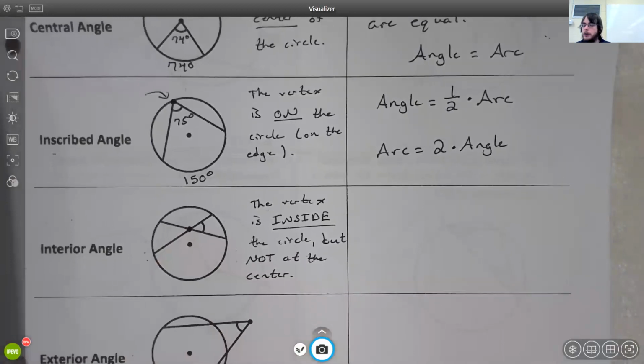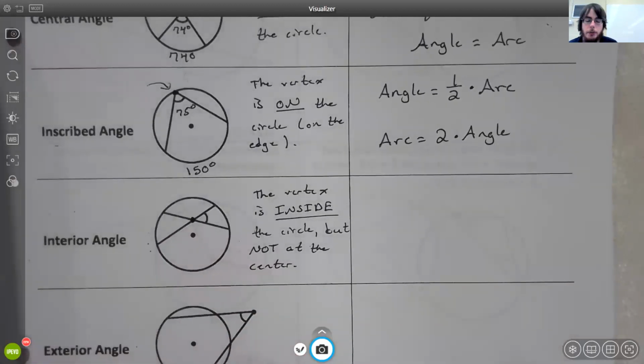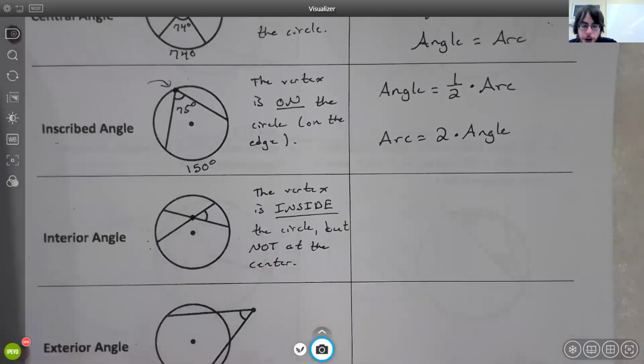Unlike the central angle and inscribed angle, which only required one arc to determine the angle measure, the interior angle takes two. Specifically, the ones opposite from the vertical angles you're using.